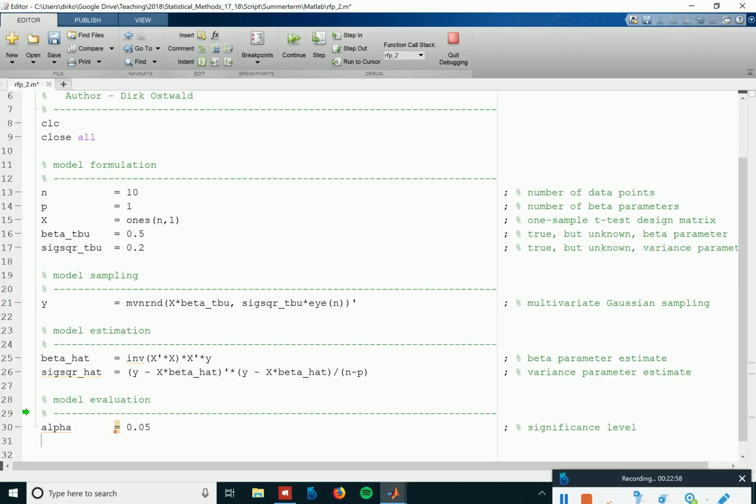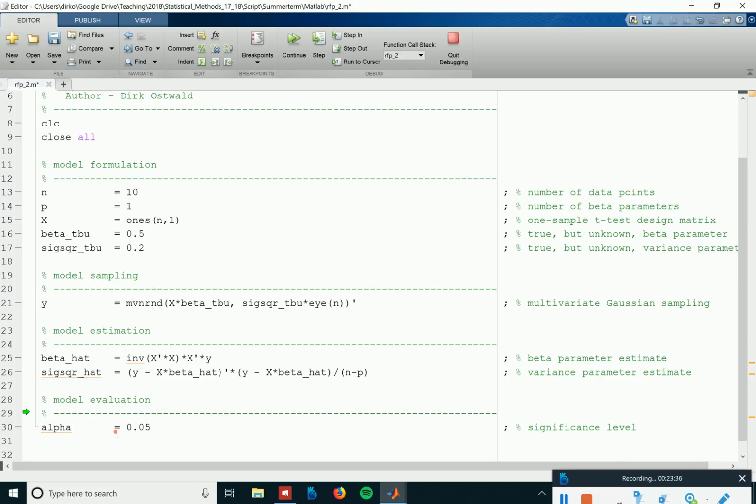And how do we now do a t-test? What do we do? That's kind of psychology statistics, first semester, maybe second. So, beta x divided by the square root of sigma square times x transpose x inverse.